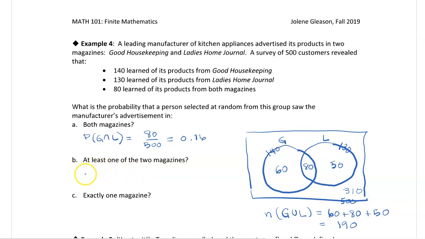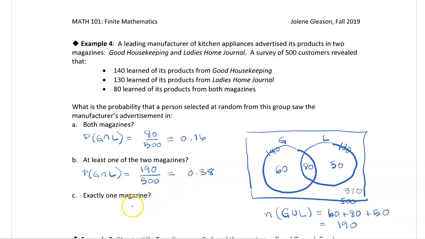So we're looking for the probability of the union of these two sets. We know that there are 190 in the union. We calculated that already. So 190 people learned from at least one of the magazines out of a total of 500. So we get 0.38.